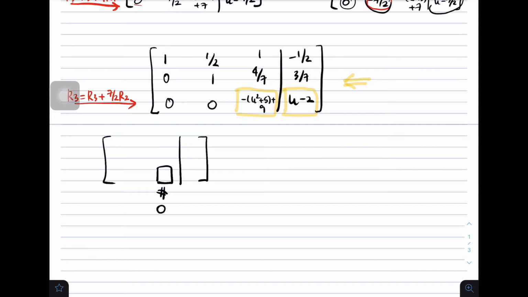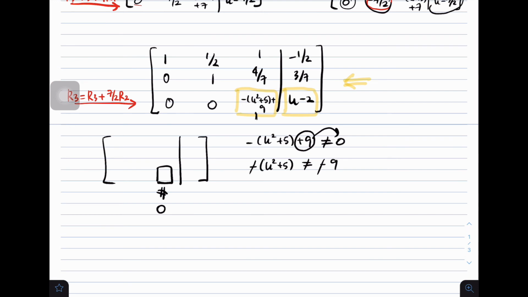So now we take this equation: negative k square plus 5 plus 9 must not equal to 0. We bring the positive 9 to the right, you will have negative k square plus 5 must not equal to negative 9.